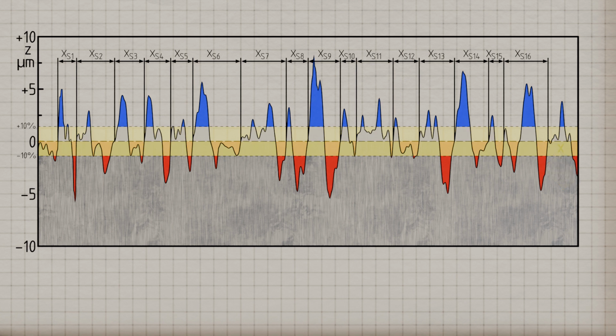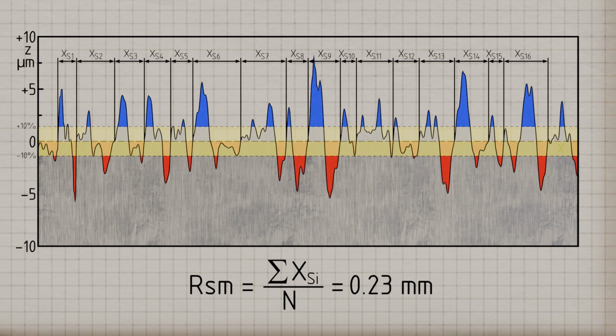In addition to this vertical 10% threshold, there is also a horizontal limit that must not be undershot. Only profile elements whose length is greater than 1% of the evaluation length are actually counted as such. Otherwise, they are also excluded. The average length XS over all n measured profile elements finally yields the mean groove width RSM. In our case, this mean groove width amounts to 0.23 mm.